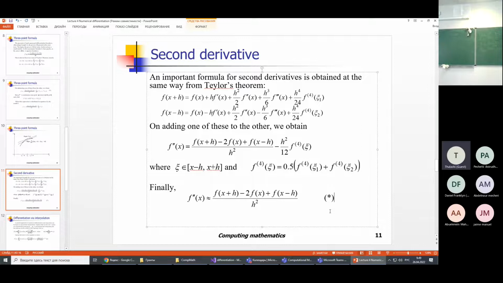Please compute the approximated value of the second derivative. You can use a computer, of course, you cannot compute 1.1 in cube in your mind.